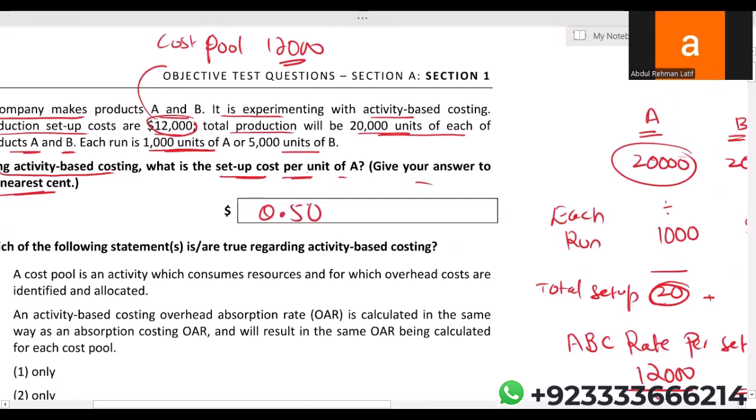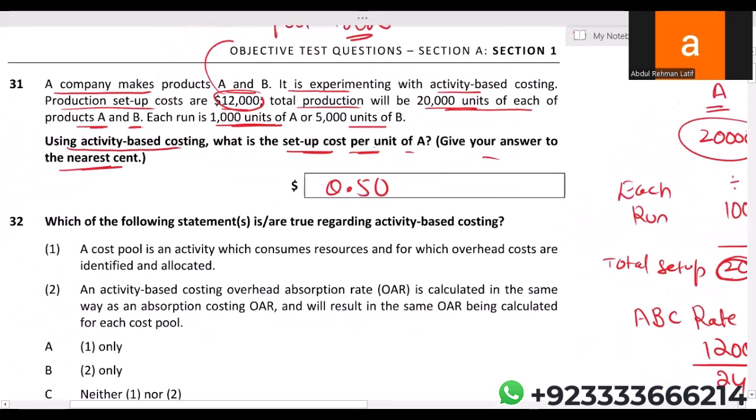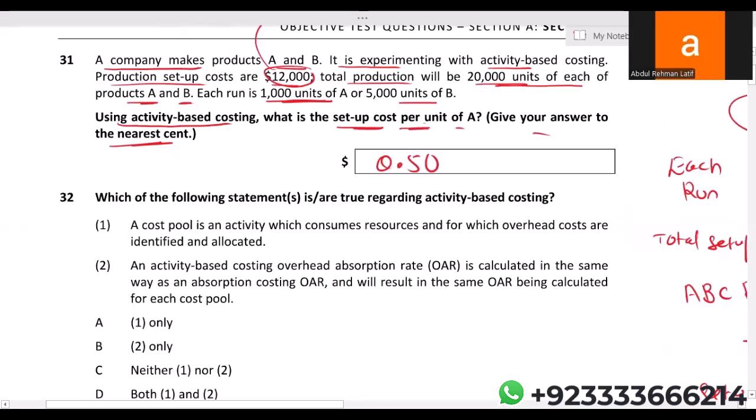So what we did, number one, we calculated total number of setups, then we calculated cost per setup. After that, we allocated the setup cost to product A. And once you have allocated the setup cost to product A, we took total setup cost allocated to product A divided by the total number of units of product A, which are 20,000. So this is setup cost per unit of product A, 0.50.